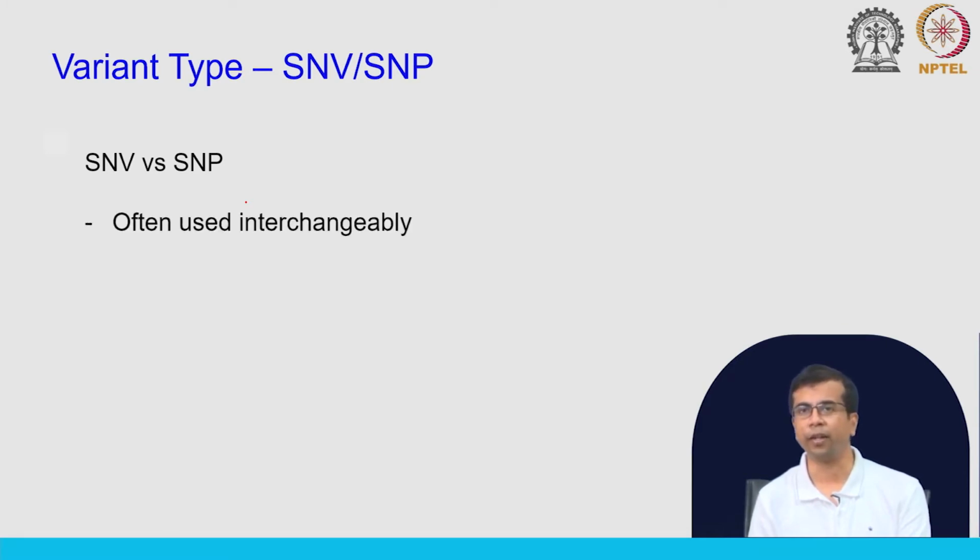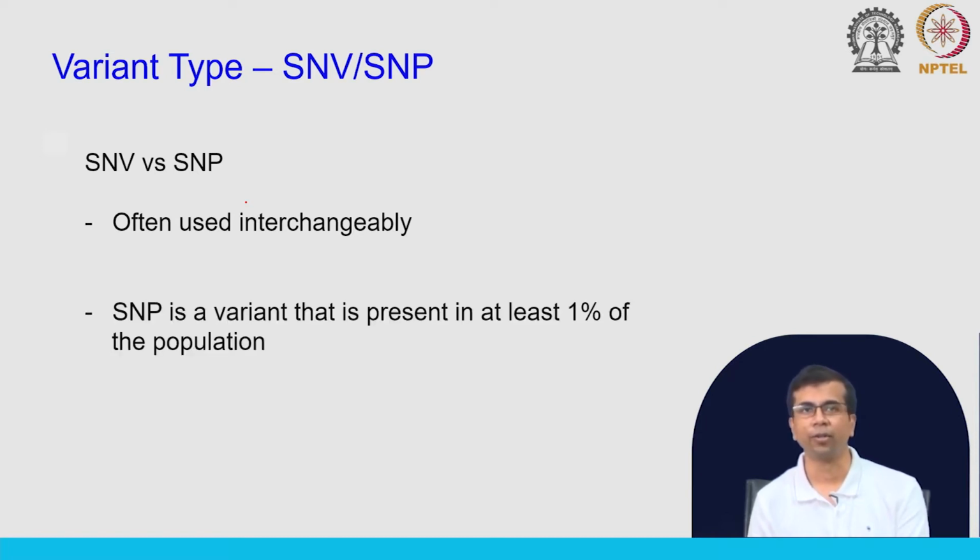We use these terms often interchangeably, and people think they are the same, but there is a slight difference. But again, it depends on the person you are asking. There are different conventions depending on the researcher. Some will call SNP a variant that is present in at least 1% of the population.